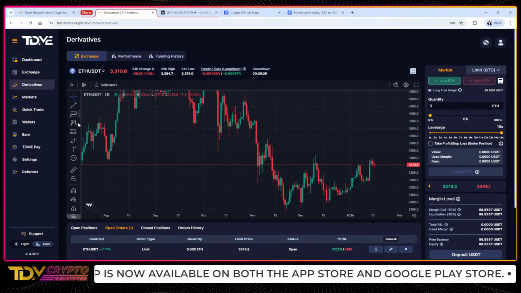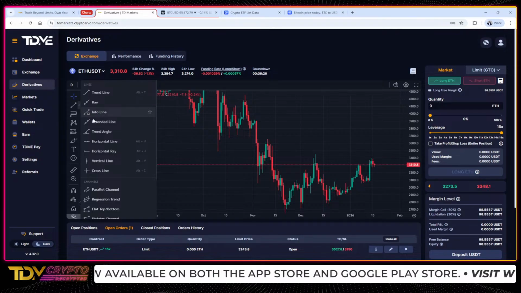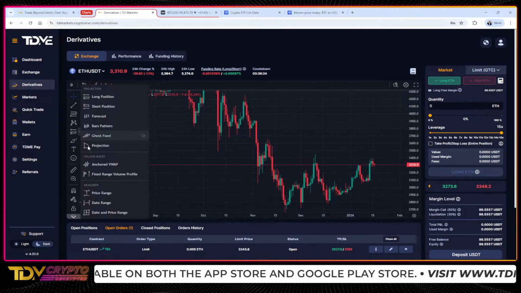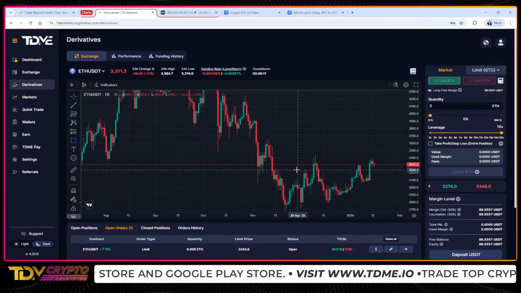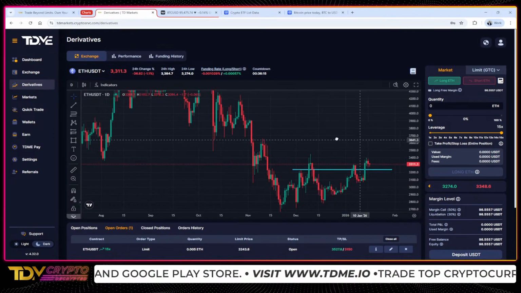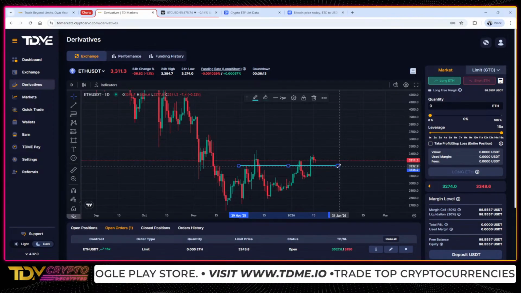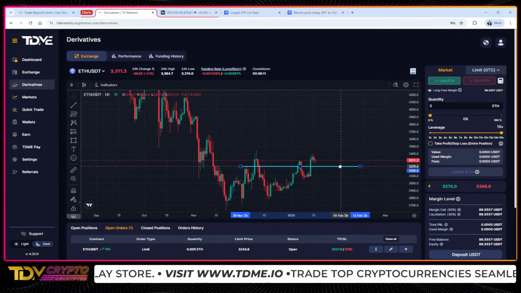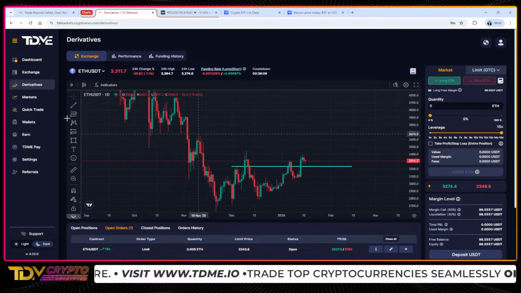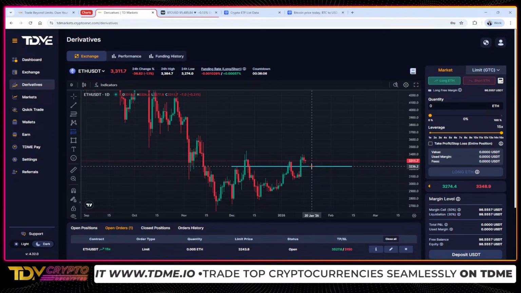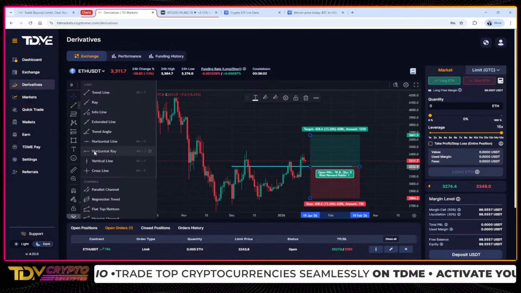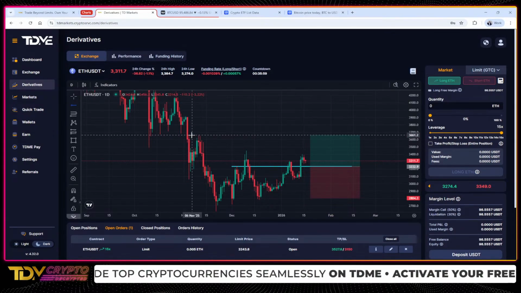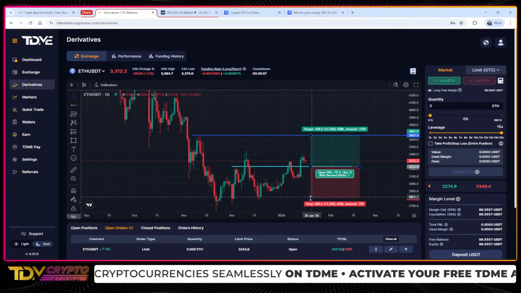Let me show you guys where it is. My buy limit is somewhere here. I'm anticipating this price action to take me back to this high, something like this.